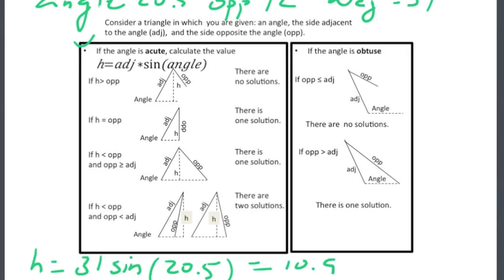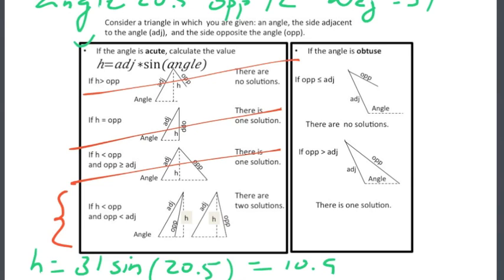So now, is h, 10.9, greater than opposite? 10.9 is not greater than 12, so that's not it. It's not equal to opposite. H is less than opposite, and is opposite bigger than adjacent? No. So that says we have this situation where there are more than one solution.